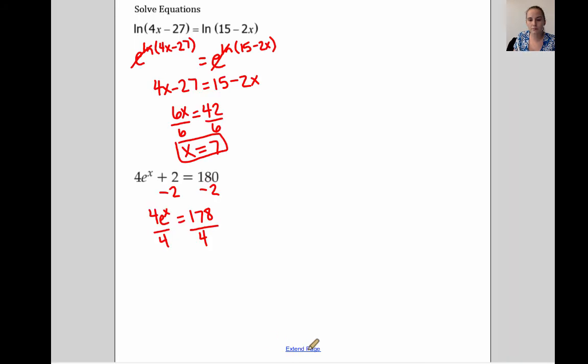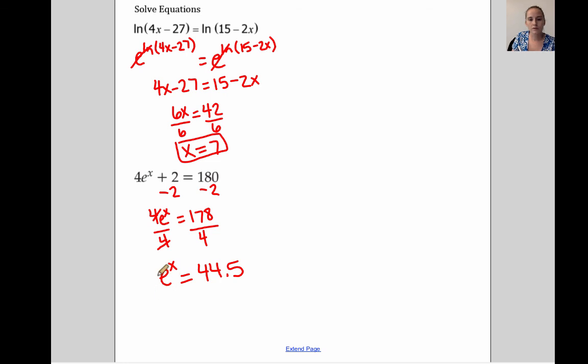Let me extend this page here. Cancels here. I have e to the x power equals 178 divided by 4, 44.5. Now, in this case here, I'm trying to get e. I need to get rid of it because I'm trying to get to the x.